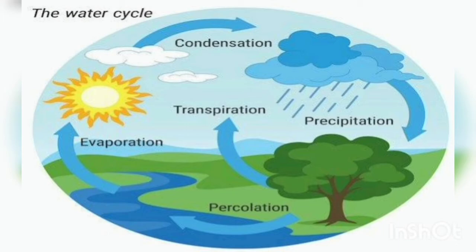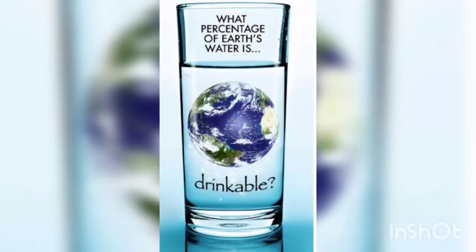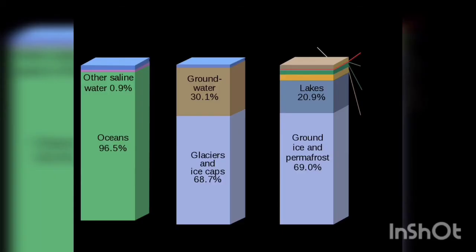Water is one of the most important elements on earth, and all plants and animals need water for survival. Now coming to the status of water on the earth. About 71% of the earth's surface is covered by water, and most of the water on the earth is saline and is found in seas and oceans.